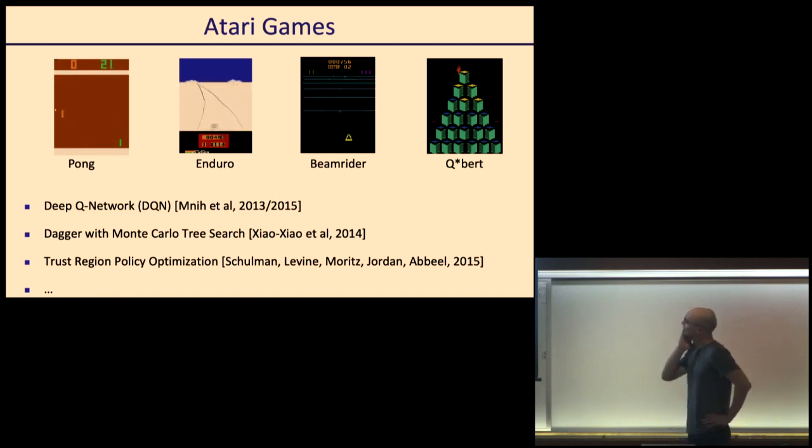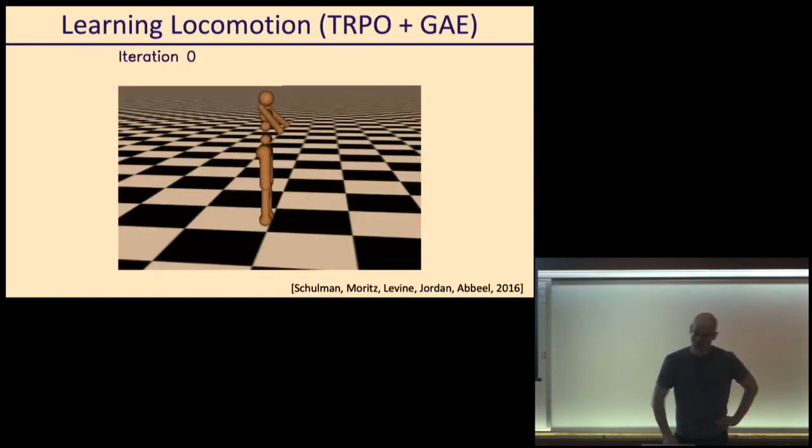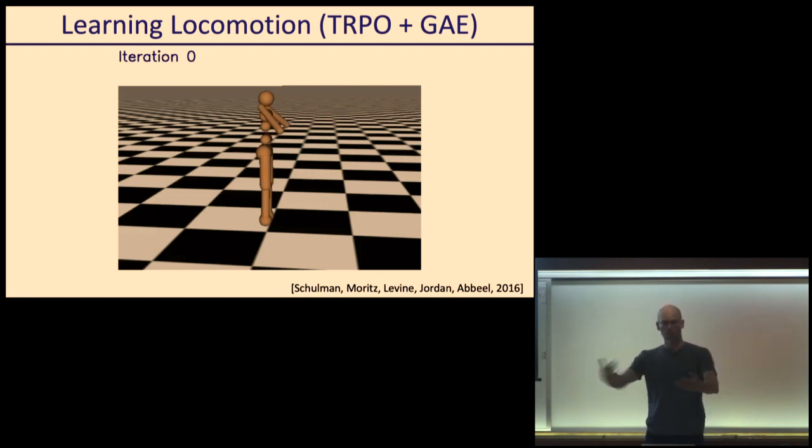Then, in addition to TRPO, which we just saw, to solve a more complex problem like humanoid, what was needed was to add the generalized advantage estimation that we covered last time. So when we look at the policy gradient estimate, there is a sum of future rewards, which is the Monte Carlo estimate, minus the value function.